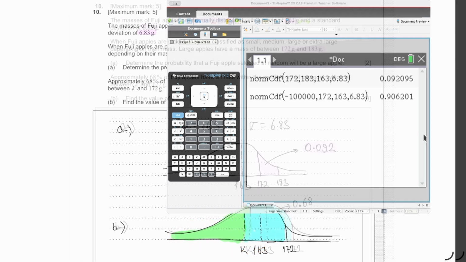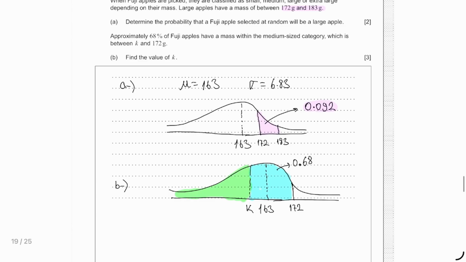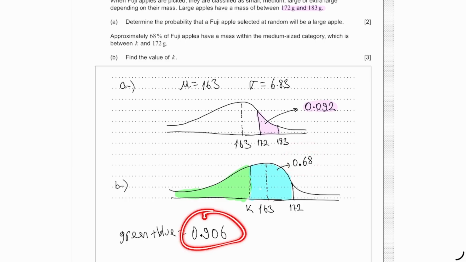So the total area of this part, green and blue area, equals 0.906, right? And 2 here. Okay. Then if I subtract this one from this, I can find this green area.